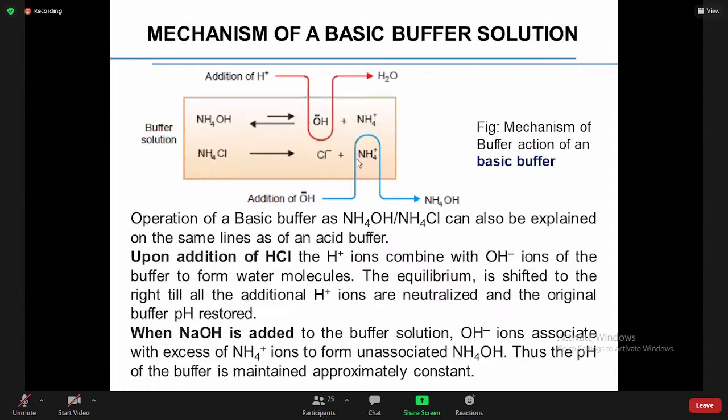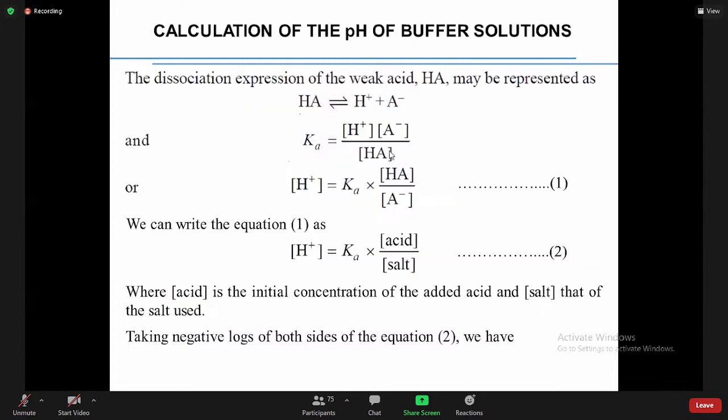Next topic is the Henderson-Hasselbalch equation. Have you studied this one in HSC? Yes, sir. All of you have studied, and this one is a very simple one.